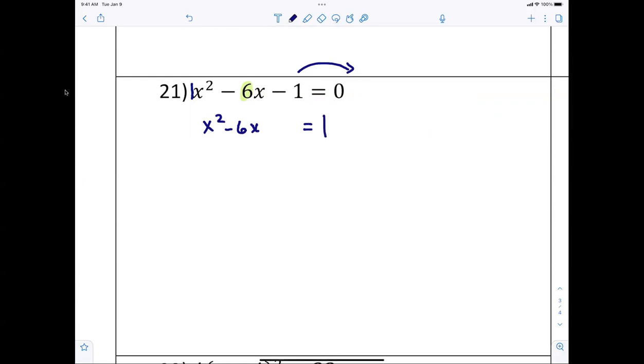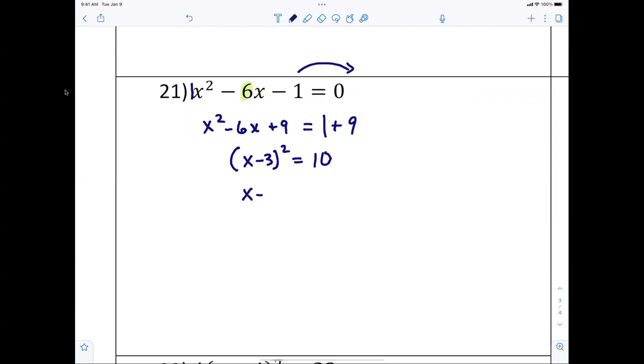To complete the square, we do what? Half and square. So what does that become? Plus 9. Plus 9. Now, what is x squared minus 6x plus 9 factor to? x minus 3 squared equals what? 10. Now I can do what? Take the square root of both.